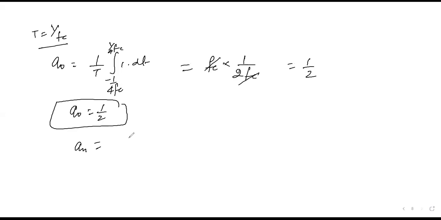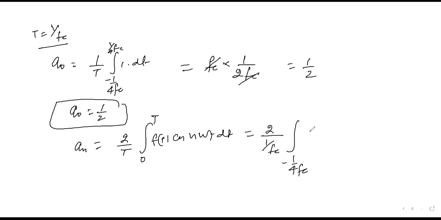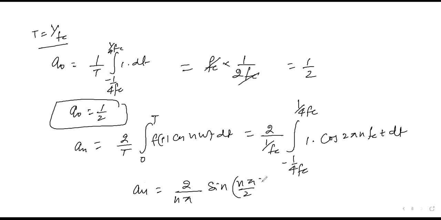Now what's the an? an is 2/T, 0 to T, f of t, cos of n omega t into dt. So this is twice of 1/fc, minus 1/4 fc to 1/4 fc, 1 into cos of 2 pi n fc t into dt. Just integrate it, and after the integration you will get an equal to 2 by n pi sine n pi by 2.